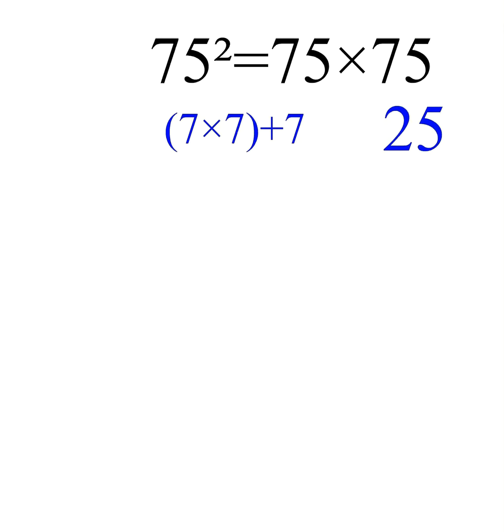Now, here, inside parentheses, it is 7 sevens. 7 times 7 means 7 sevens. And outside of it, we got plus 1 seven, or plus a 7. Now, here we got 7 sevens plus 1 seven.